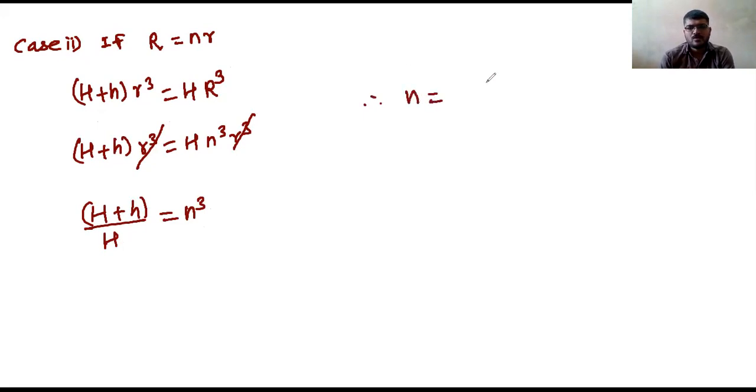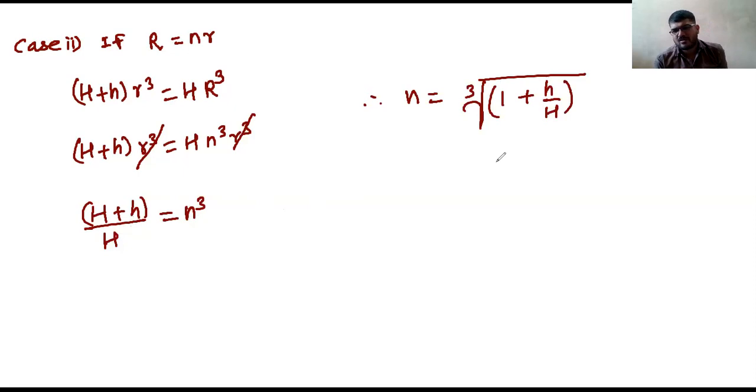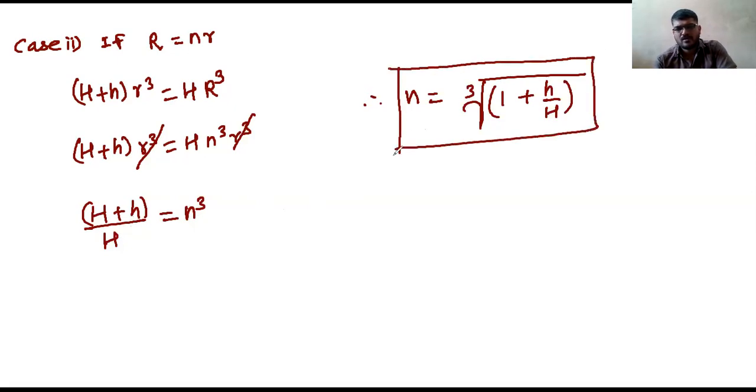N is equal to cube root of 1 plus h by capital H. Or if I want the small h value, you can find it from this. This is the formula for n.